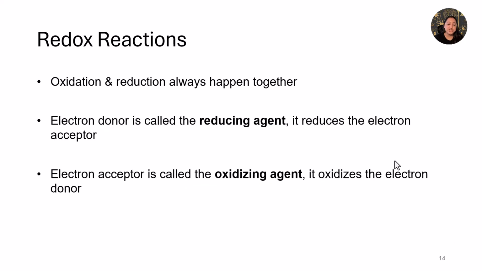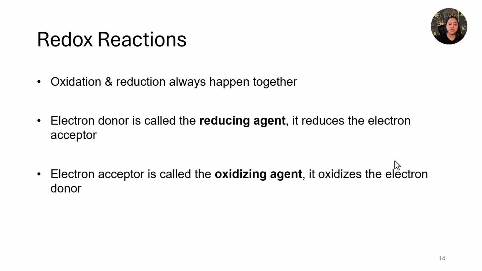And oxidation and reduction always happen together. So if one thing gains an electron, it had to come from somewhere. Something else lost an electron. So that's why we lump them together as redox reactions, because it's given that they're going to happen at the same time. So some more terms.